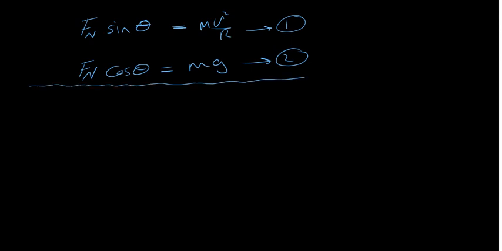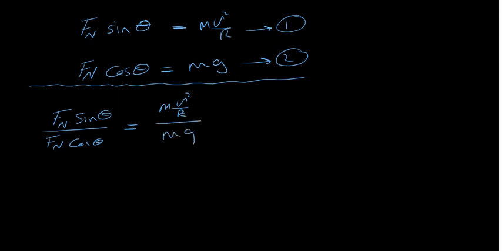Simply, if we divide them on each other, it's going to be like this: Fn sine theta over Fn cosine theta equals m v square over r over mg. Now, let's eliminate the normal forces and the masses. So the mass of the vehicle doesn't matter in this scenario. From here, sine over cosine for the same angle is tan theta. Then we'll have v square over g multiplied by r.